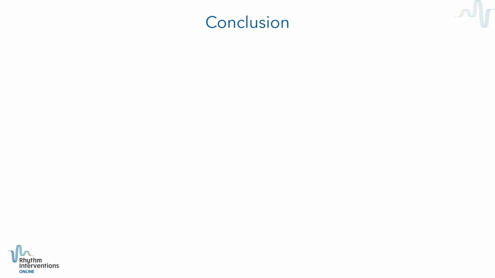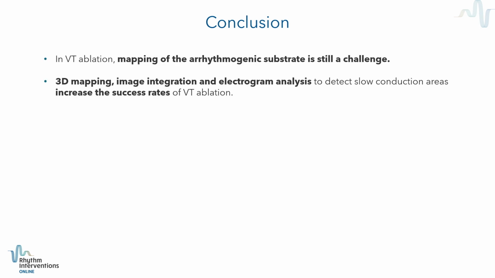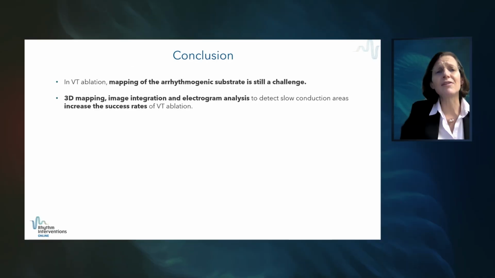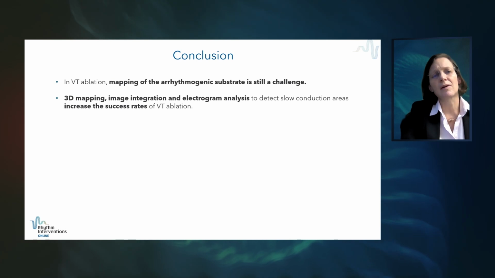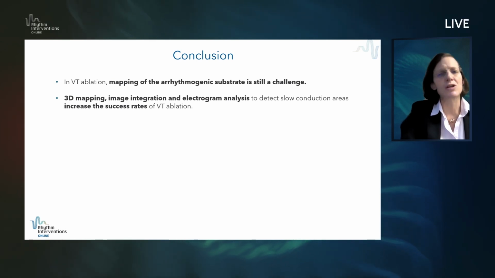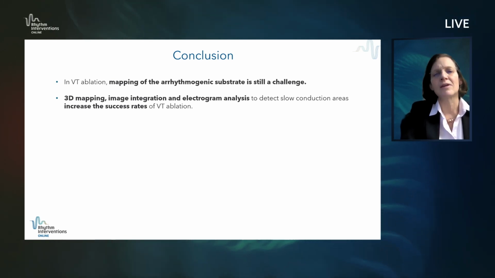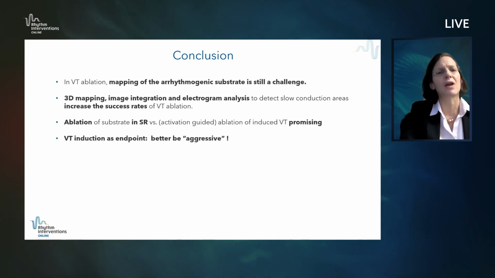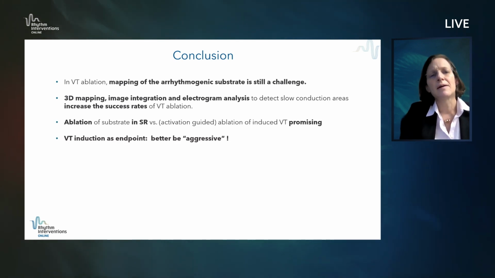VPC. So I want to conclude that in VT ablation, the mapping of this arrhythmogenic substrate is still a challenge, and adding 3D mapping, image integration, and electrogram analysis is really helpful. It increases the success rate of our VT ablation to map as much as you can.